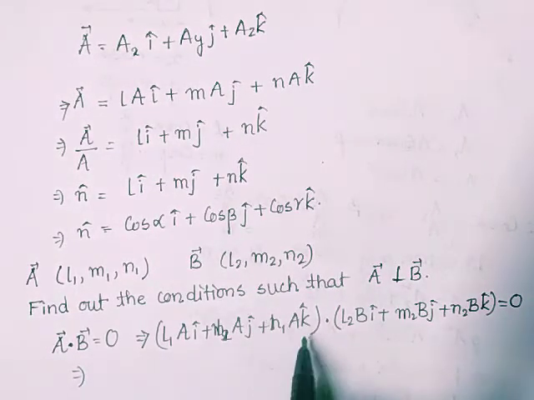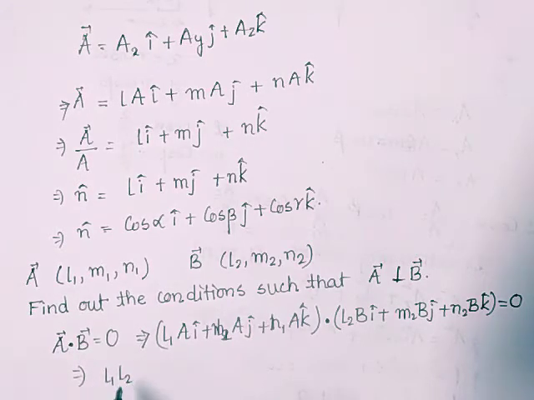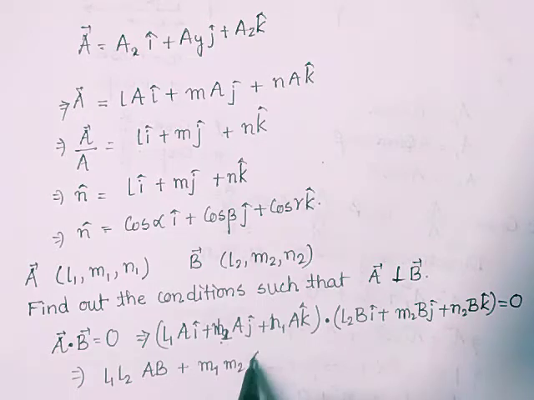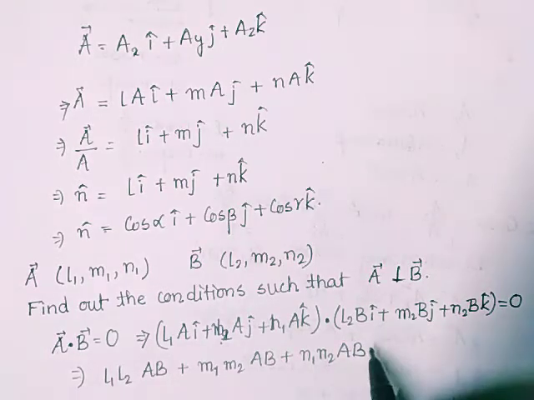So from it, this is the dot, the i cap and i cap will be multiplied, so L1 L2 AB plus M1 M2 AB plus N1 N2 AB. So this is equal to 0.